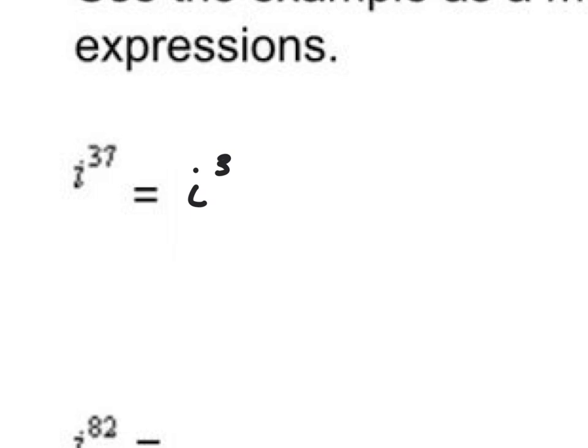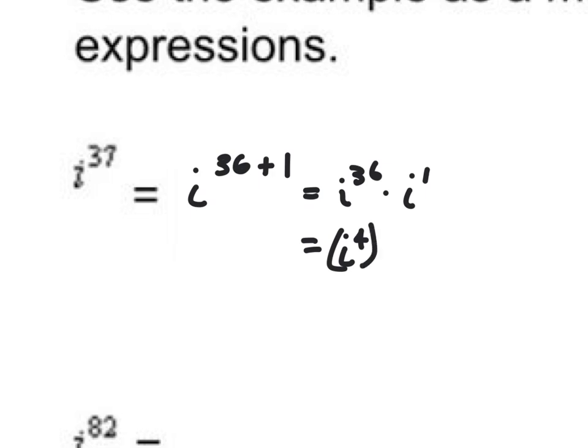Let's rewrite i to the 37th as i to the 36th power plus 1. Here's why. If I rewrite this as i to the 36th power times i to the first, I can rewrite i to the 36th power as i to the fourth raised to the 9th power.